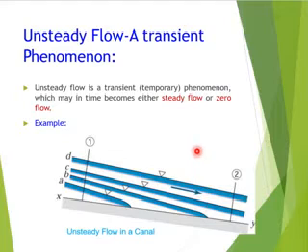An important thing to be discussed is that unsteady flow is a transient phenomenon. That is, unsteady flow either becomes steady after a certain time interval or it becomes zero. For example, here is a stream.